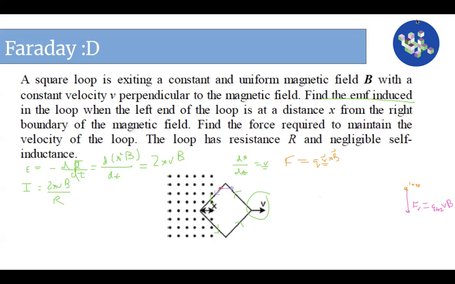Now let's look at the other component of velocity of the charges, which is along the direction of the wire. Let me clarify on the Q total.